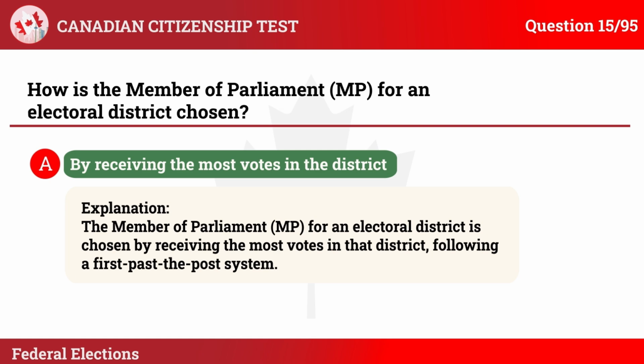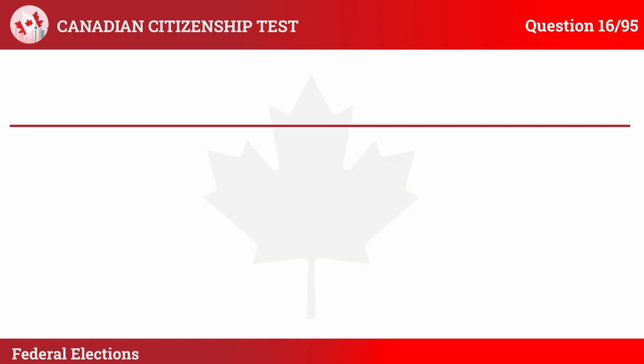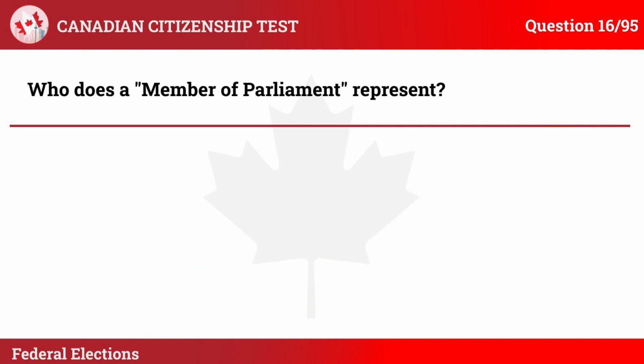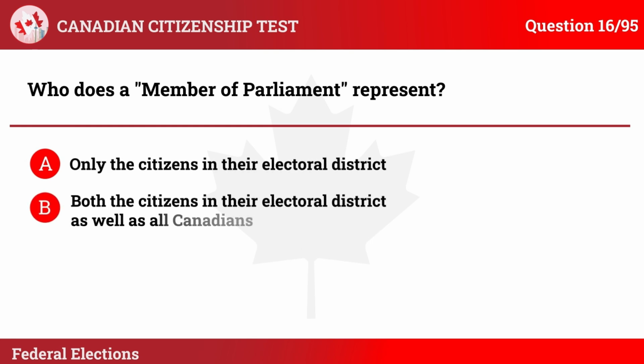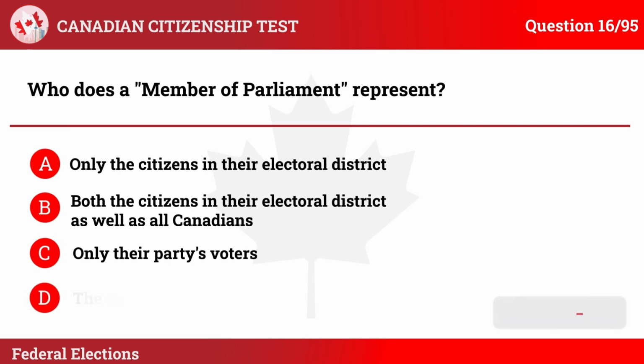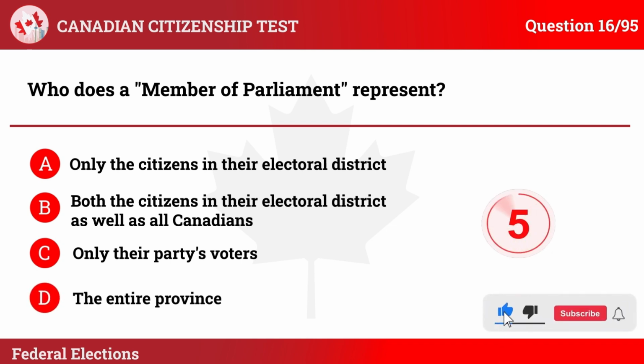following a first-past-the-post system. Question 16. Who does a Member of Parliament represent? A. Only the citizens in their electoral district. B. Both the citizens in their electoral district as well as all Canadians. C. Only their party's voters. D. The entire province.